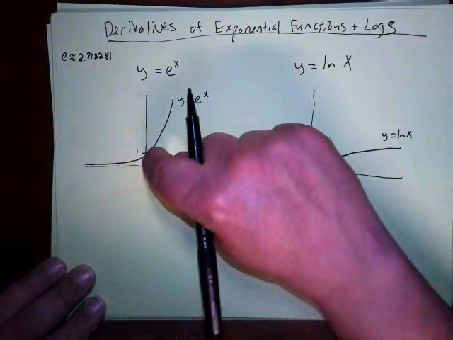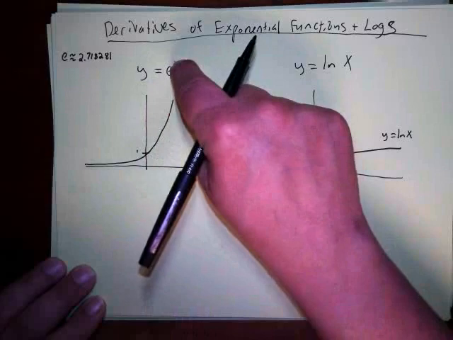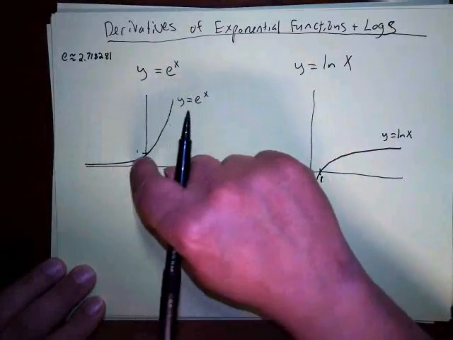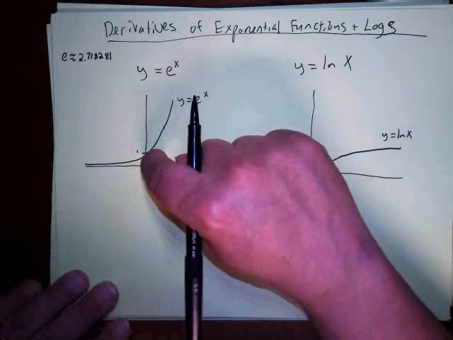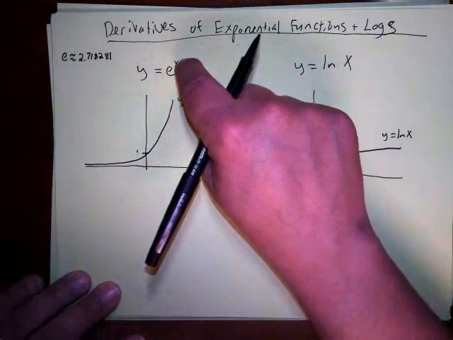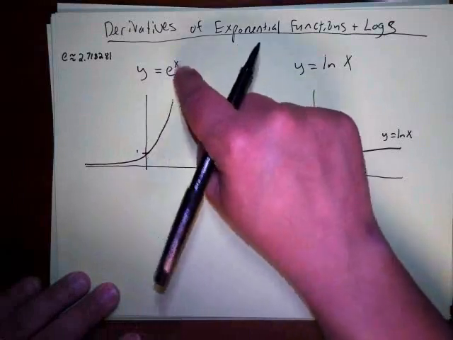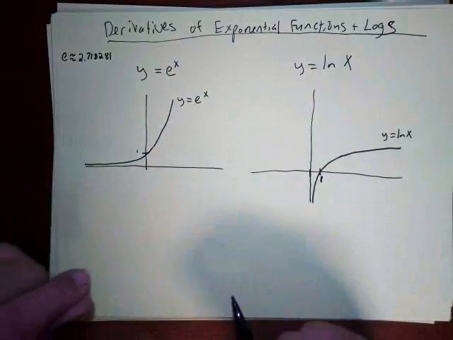When x is equal to 0, e to the 0 is 1. So any exponential function is going to pass through 0, 1, and then it's going to shoot off to infinity. It grows very, very rapidly.